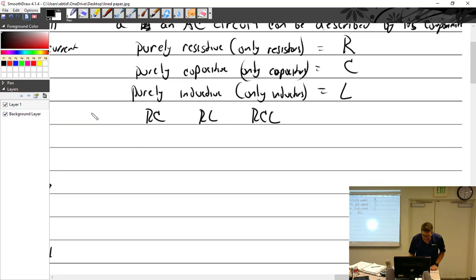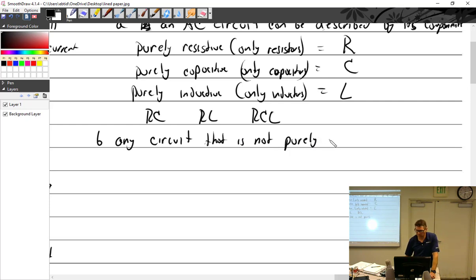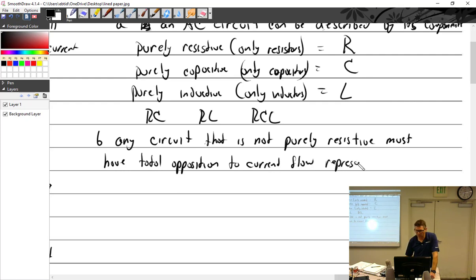So, any circuit that is not purely resistive must have total opposition to current flow represented as impedance.